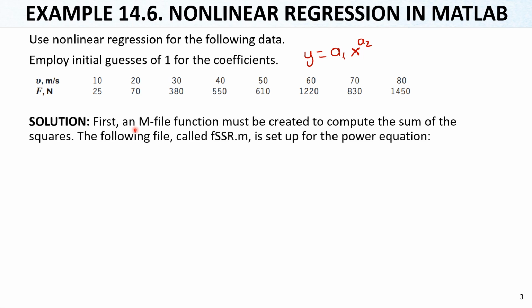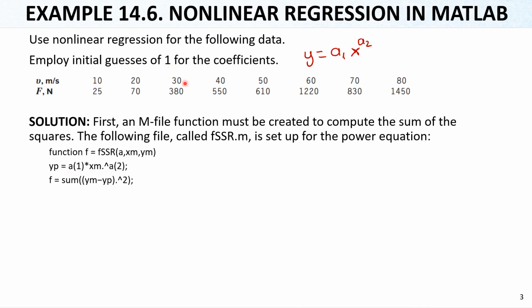For that, we need to write first an M file to be able to create the sum of squares function, because we want to minimize it. Let's write an M file, fSSR.m, and this function will use this function here to get the values with the unknown coefficients. So these will be initial coefficients first. For example, if we start with ones for the initial guesses, a1 is 1, a2 is 1.